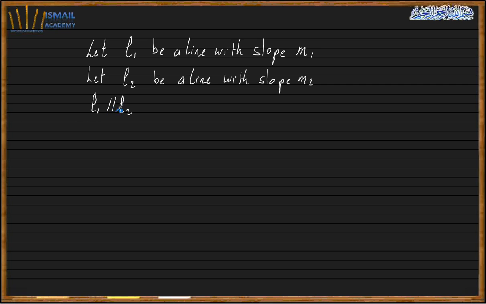This is the notation of parallel lines. L1 is parallel to L2 if and only if m1 is the same as m2, meaning the slopes are equal. What does this statement mean? This is what you call an equivalence, a double-sided implication.